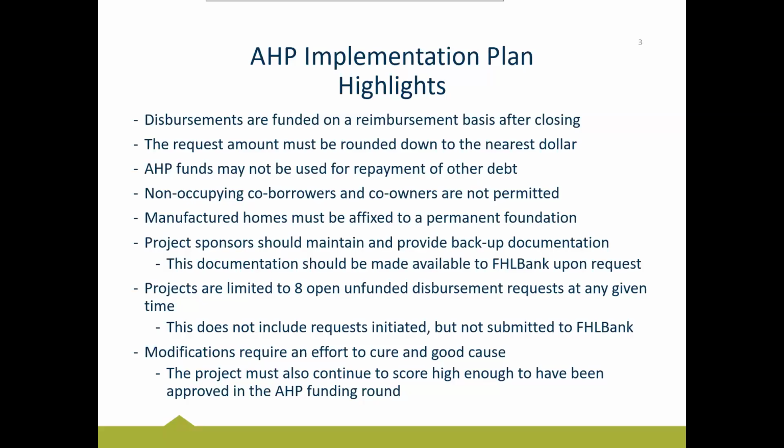So when those points are removed, the project needs to continue to score high enough to be within the range of funded projects for the year that you were awarded. So assuming most of the people on this call received a 2025 AHP award, you'd have to fall within the range of funded projects in the 2025 funding year. All right.